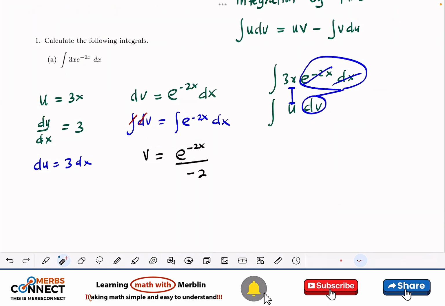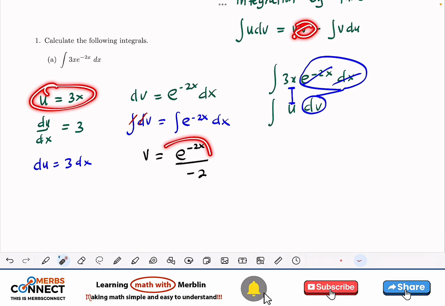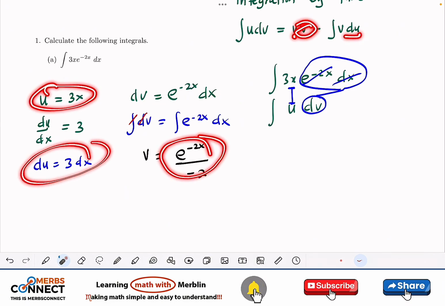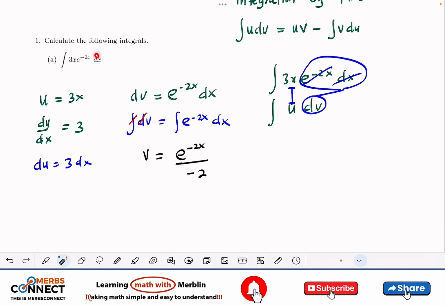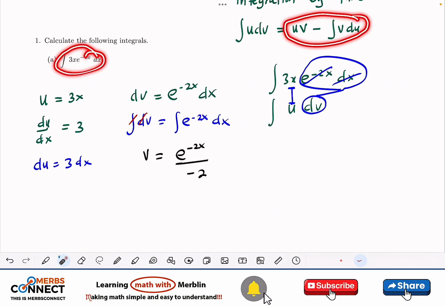Now when you look at the right hand side, we can see that we have u, we have v, we have du. So now we can equate this integral to the right hand side.